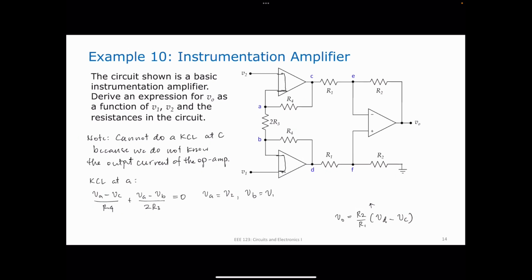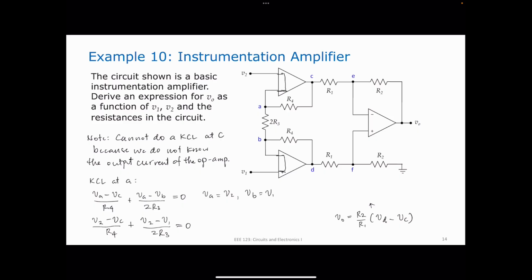So this is actually V2 minus VC over R4, plus V2 minus V1 over 2R3 is equal to 0.